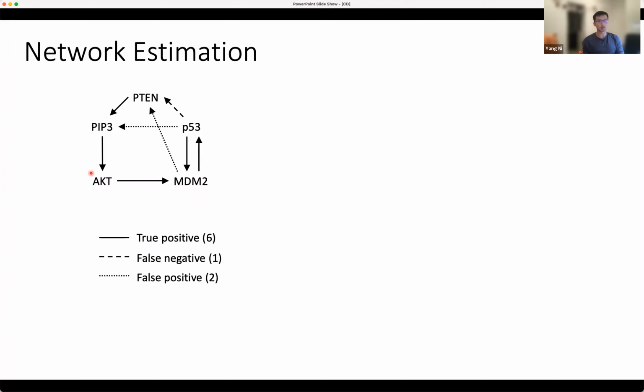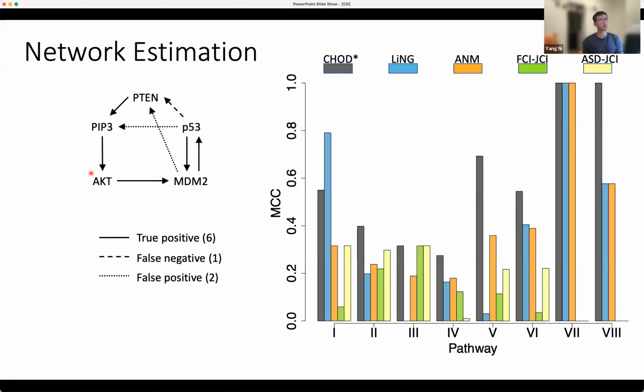We also tested our algorithm on different pathways. In fact, we tested on 8 different pathways, and again we compared to many alternative state-of-the-art algorithms that also allow you to do this. Some of them also do cyclic graphs. There's one pathway that we lost to LiNG, the linear non-Gaussian cyclic graph model, but for the rest of the 7, we're either the best or equally good.